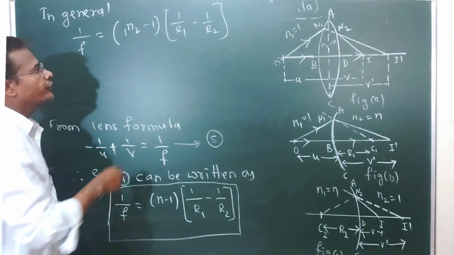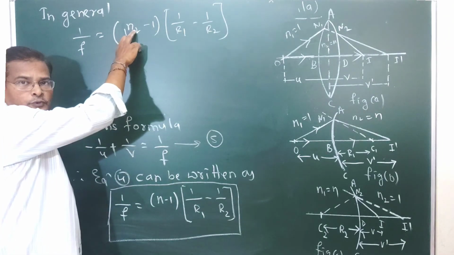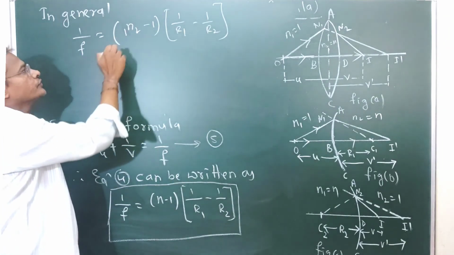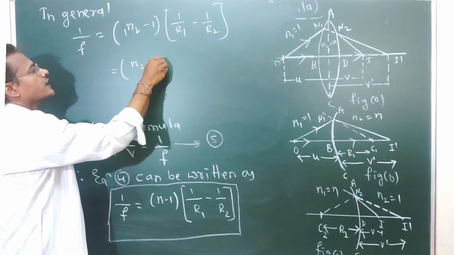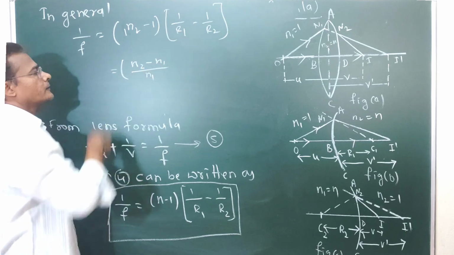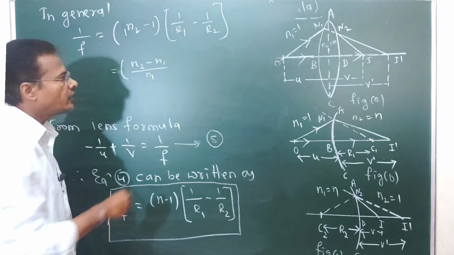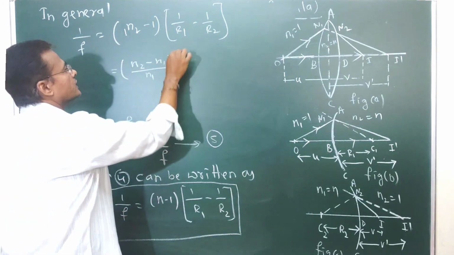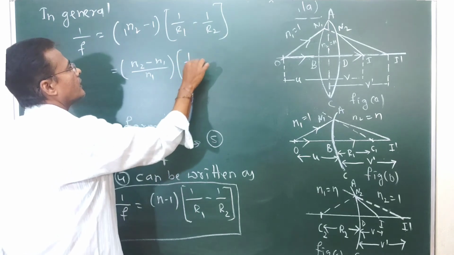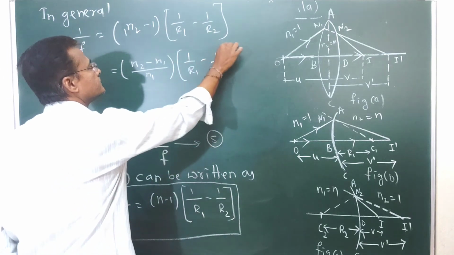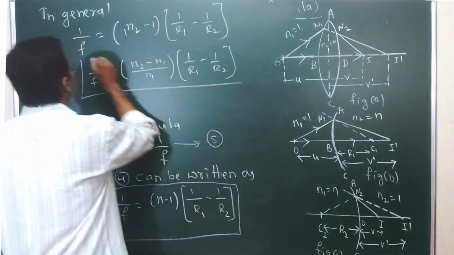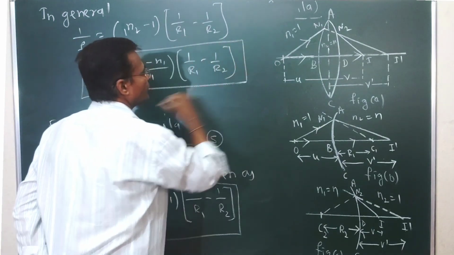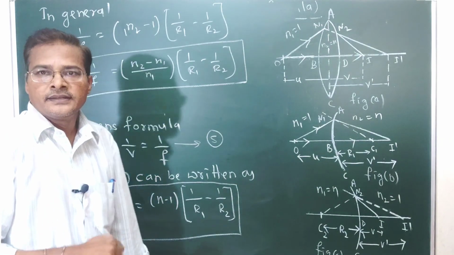This is the refractive index of medium 2 with respect to medium 1. So we can write N2 minus N1 divided by N1, either this way or that way, times 1 by R1 minus 1 by R2. This is 1 by f. I hope you people understood. Okay, so thank you.